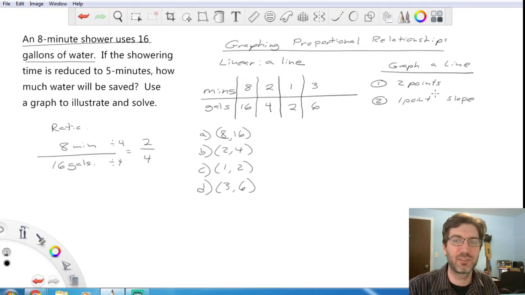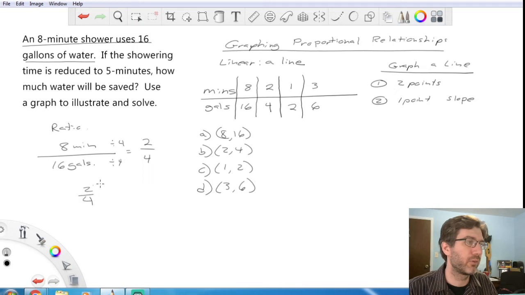But this is the first problem in there, things that you should know. So first off, things you should know. 1, how to get this table. We're just making equivalent ratios based off of the original ratio given. Because it's an equivalent ratio to 8/16, it's 1/2. I took it off of 2/4 again.